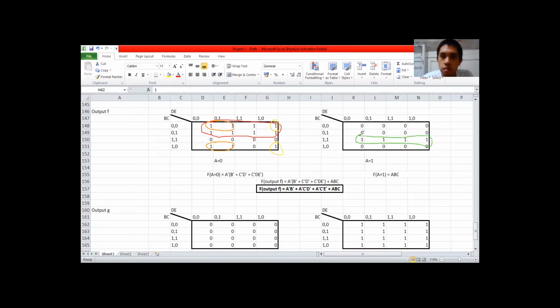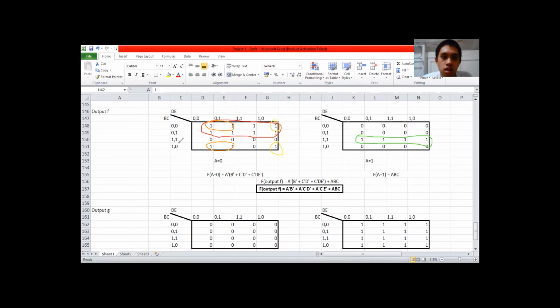in this K-map. So if A is equal to 0, focusing on the red group, A is 0, B is unchanged, it is 0, literal C, D, and E are changed. Therefore, we are left here with A prime ANDed with B prime. For the orange group, A is 0, B is changed from 0 to 1, therefore is cancelled.